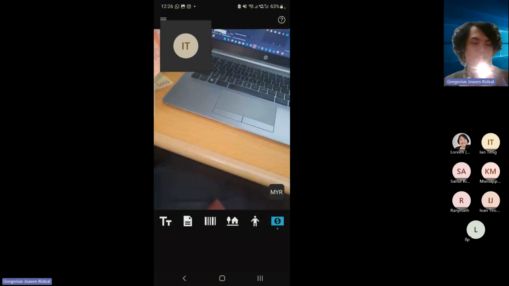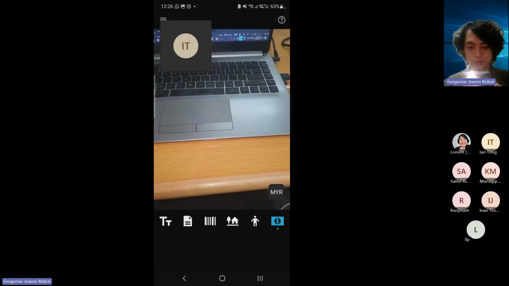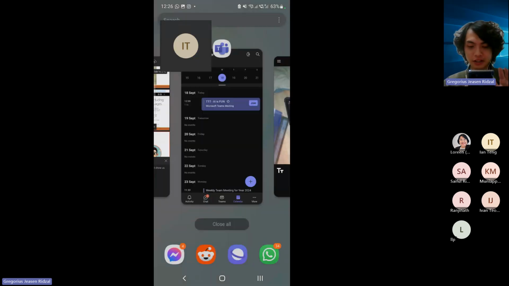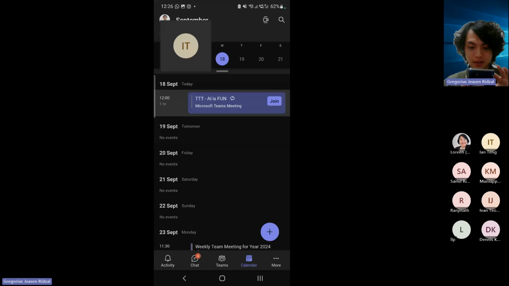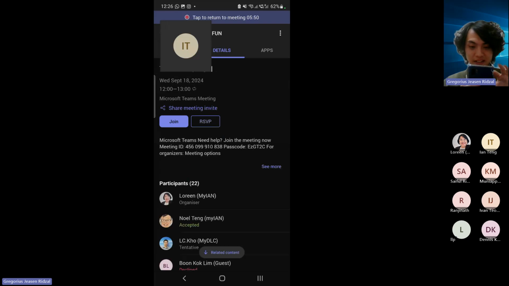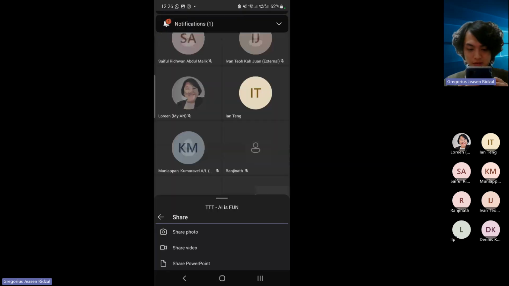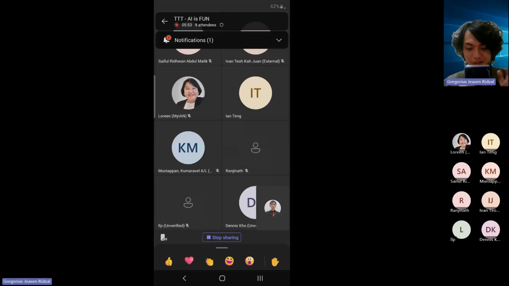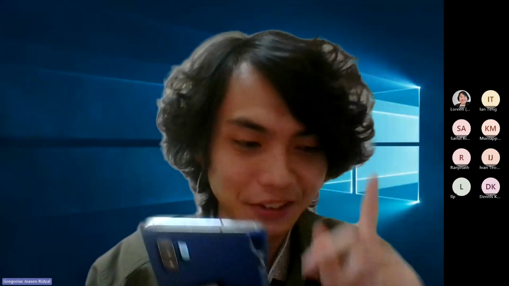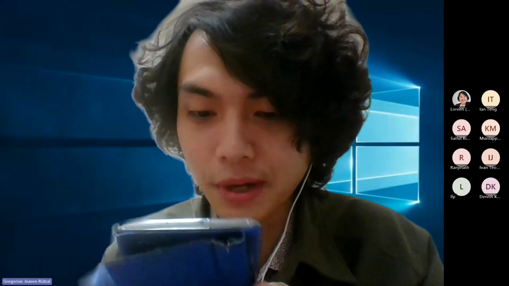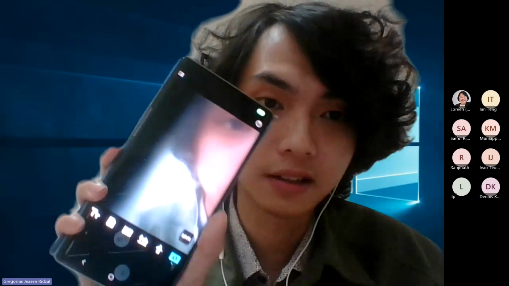But let me, okay, you know what, I'm gonna try this real quick. I'm gonna stop sharing my screen and see if it works without me sharing the screen. So give me 1 second. I'm gonna go back to the app.